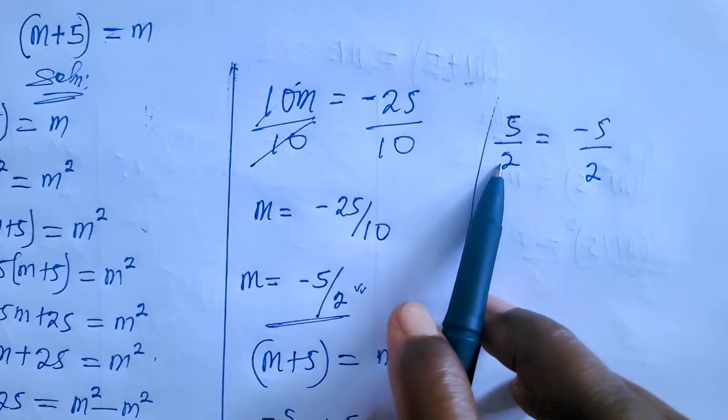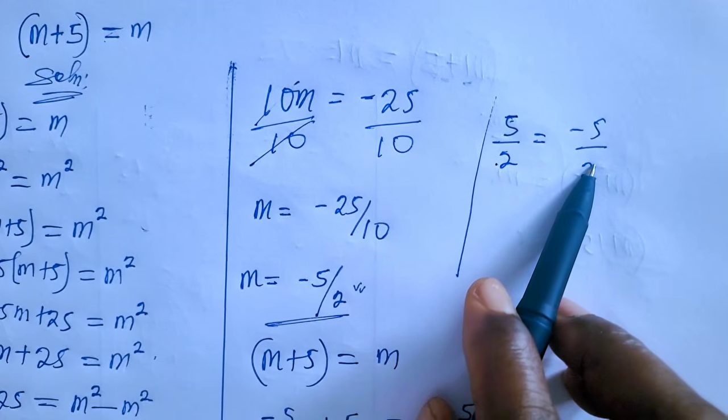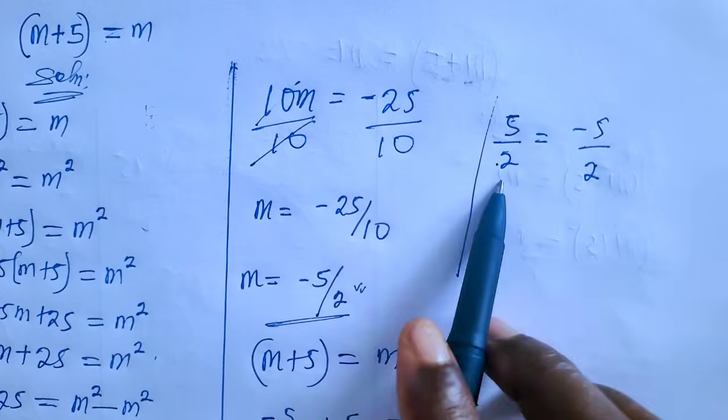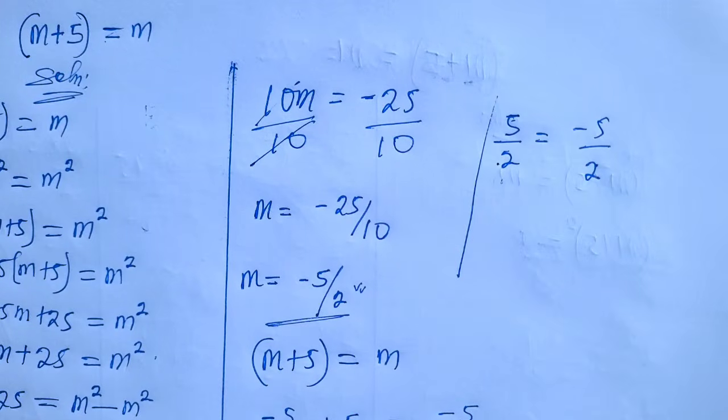But the left-hand side does not equal the right-hand side. Here we have 5 over 2, but here we have minus 5 over 2.